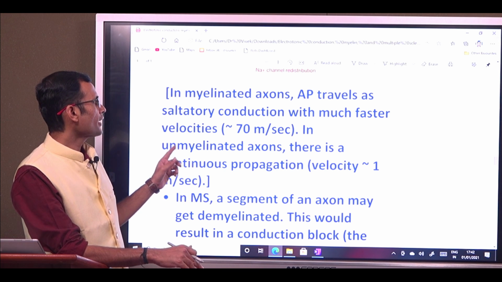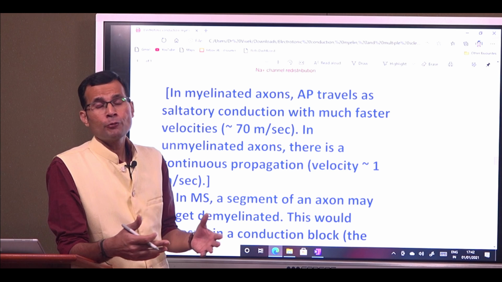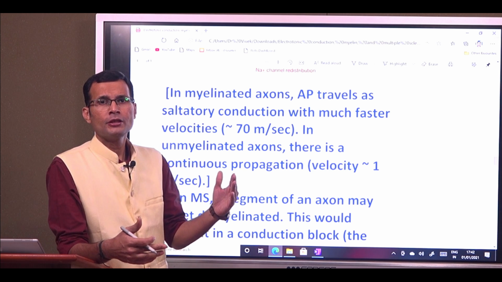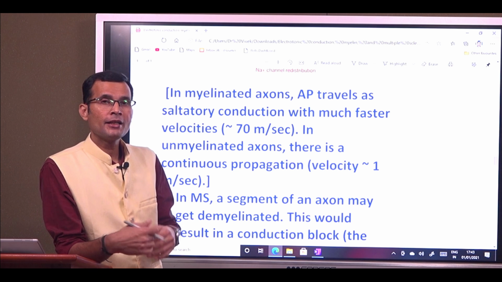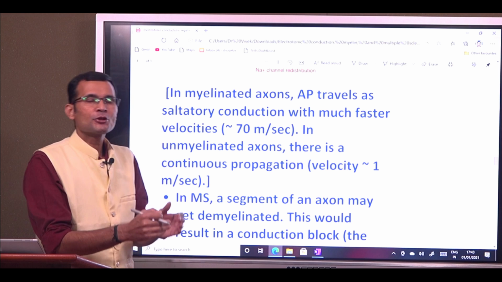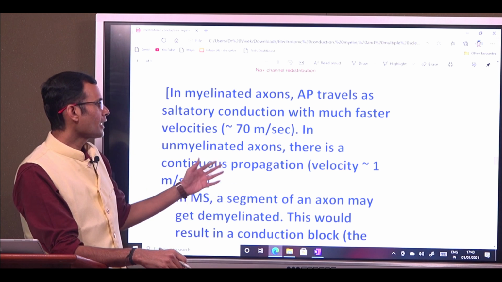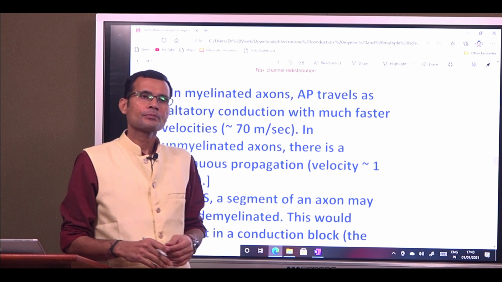One more point, of academic interest maybe: in myelinated axons, the action potential travels as a saltatory conduction and therefore at a quite faster velocity, 70 meters per second. But in the case of unmyelinated axon, the conduction velocity is slower, 1 meter per second.